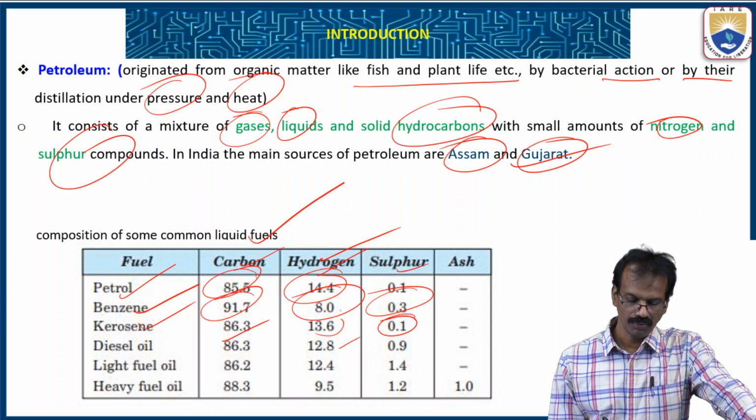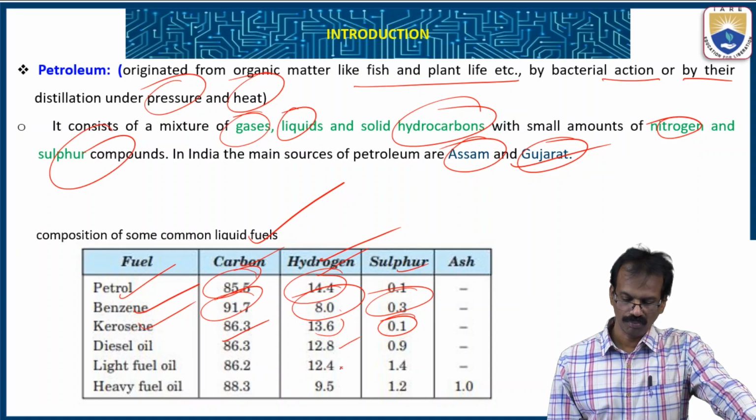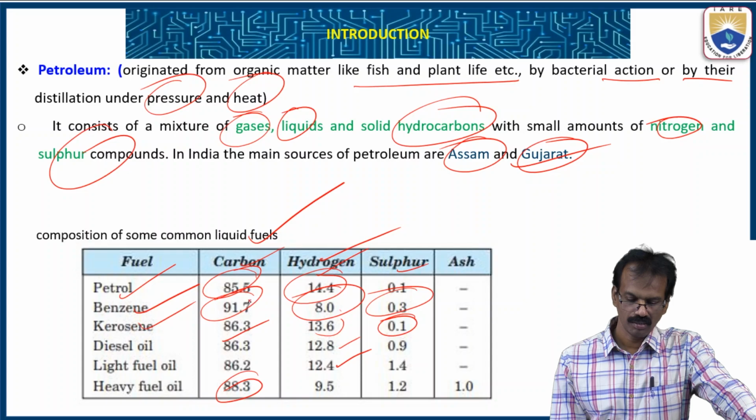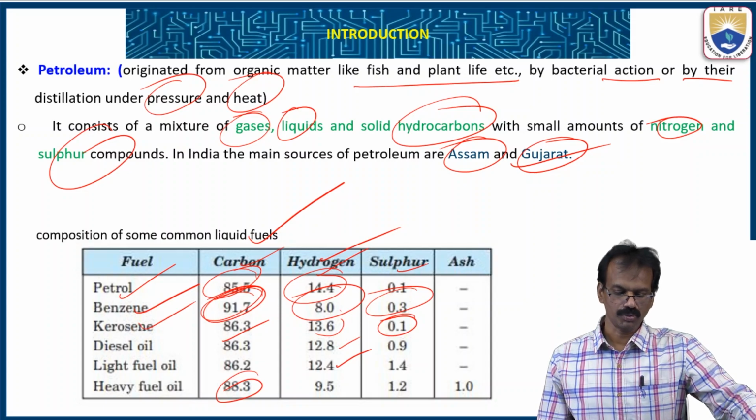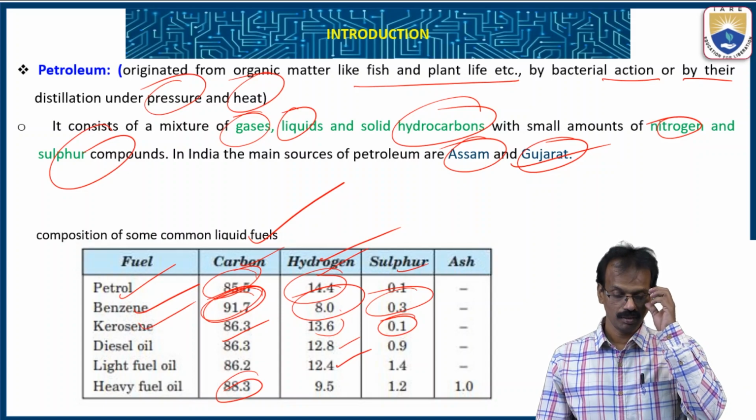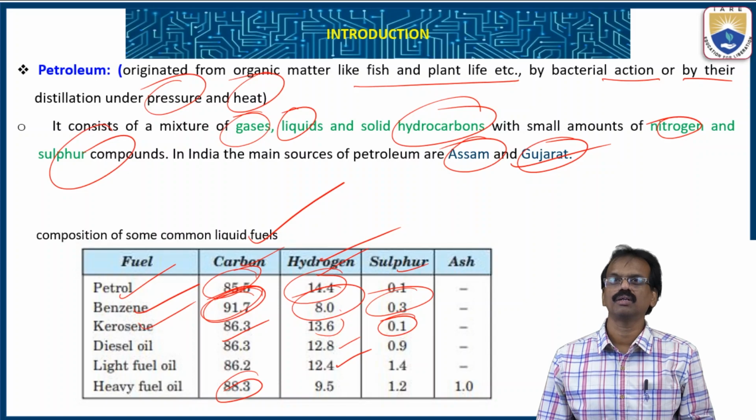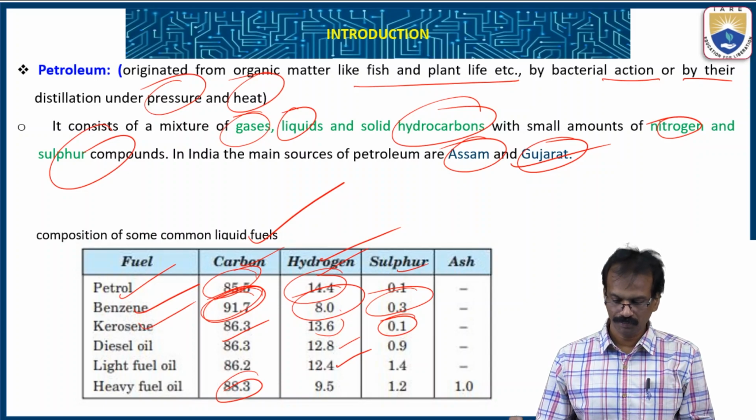Next, light fuel oil 86.2 and 12.4. Heavy fuel oil 88.3 and 9.5. Among these, benzene has the highest carbon rate compared to the other compositions.